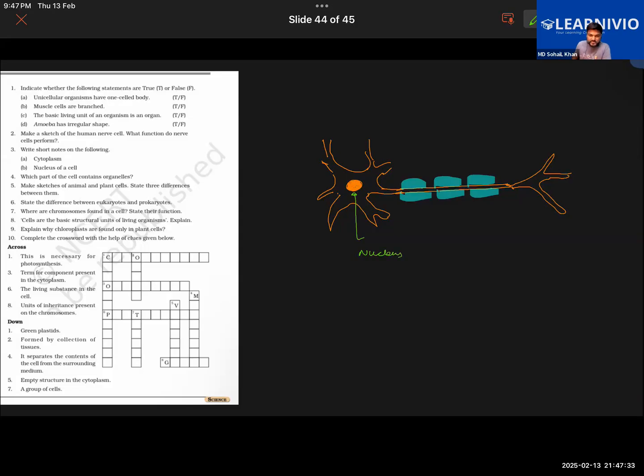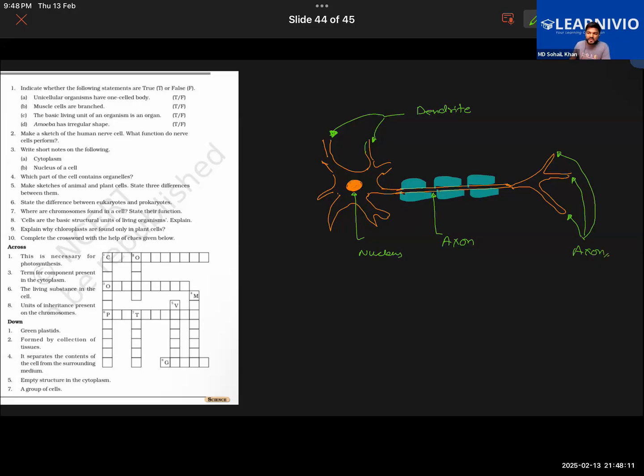Then this over here we call the axon. These structures that you see over here, we call dendrites. There are many more parts, but that's a simple one.